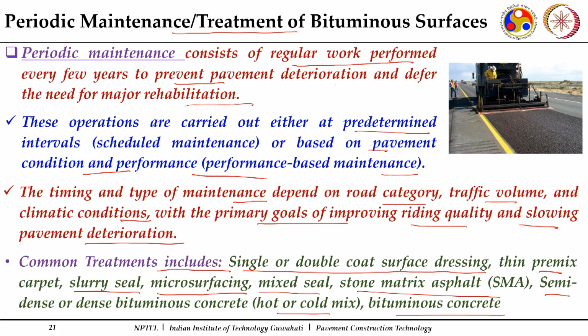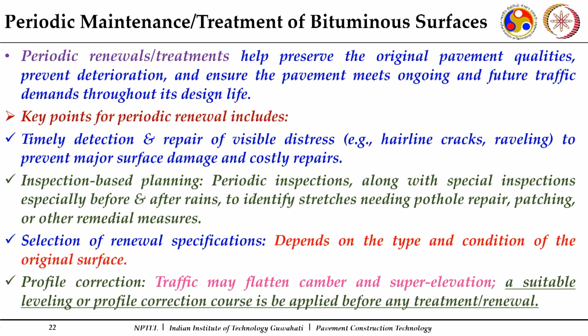So, these are the different kinds of treatments usually planned under the periodic maintenance or periodic renewal activities. Now, as with the other maintenance activities, periodic renewals and treatments help to preserve the original pavement qualities, prevent deterioration and ensure that the pavement meets the ongoing and future traffic throughout its design life.